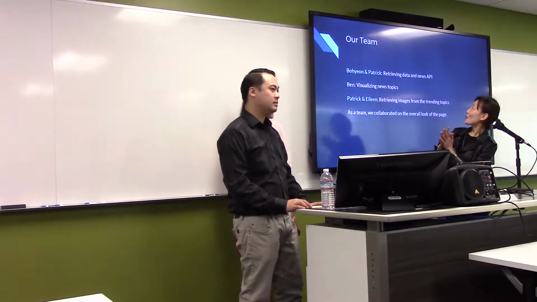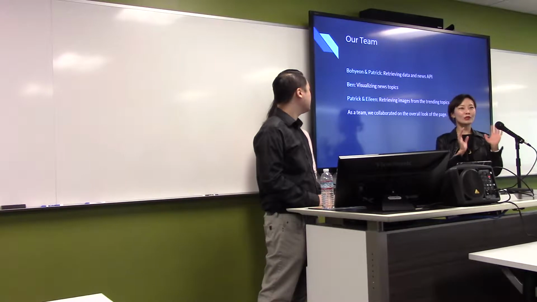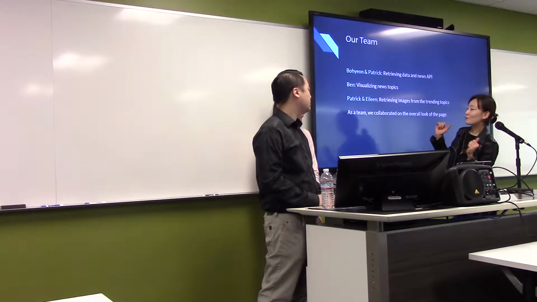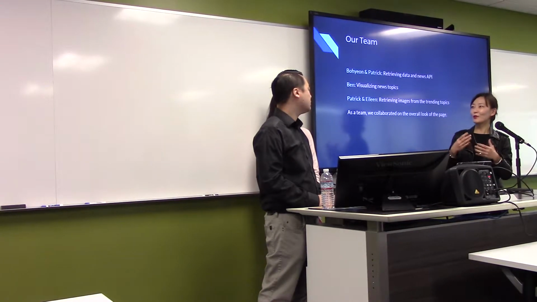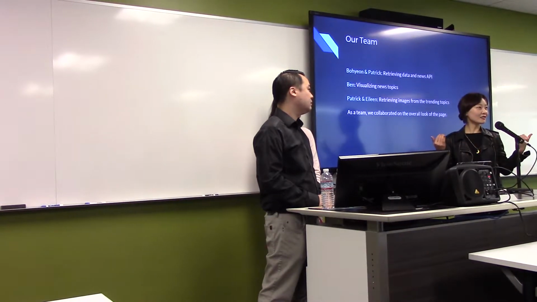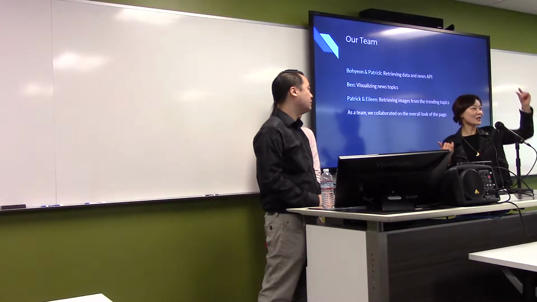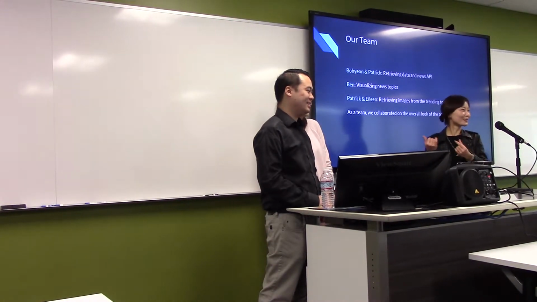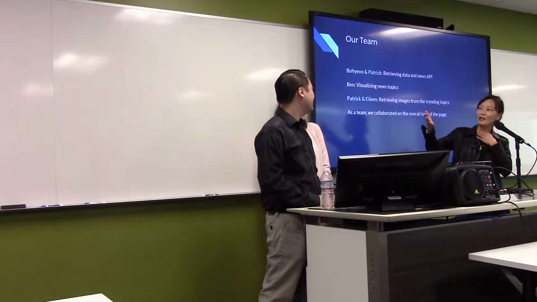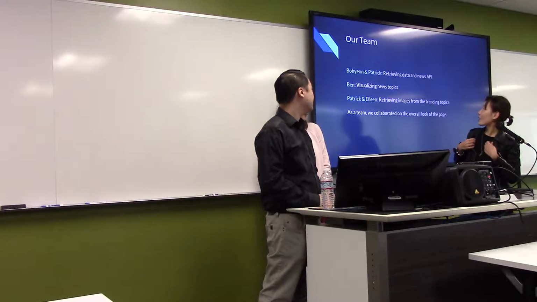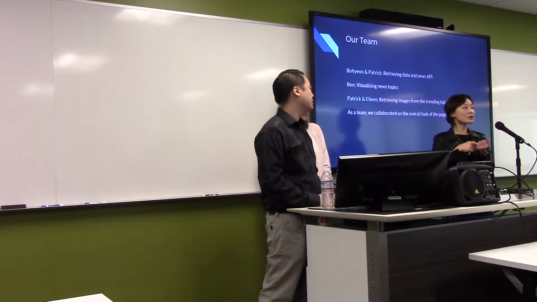So what roles are we each taking? Ben actually helped us a lot, supporting us a lot. Like in other teams, there's one person who is always more advanced compared to the others. Ben was that guy. Patrick and I were retrieving the data using the News API.